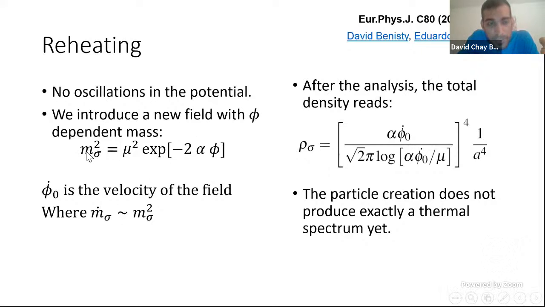In this kind of model, the mass of the radiation, the particles that actually decay to radiation, goes on the opposite side of the potential. So as long as the field of the potential becomes bigger, the mass is going to be lower. And after some time, you have a dependence where the density goes like 1/a⁴, like radiation. So this is what is in this paper.